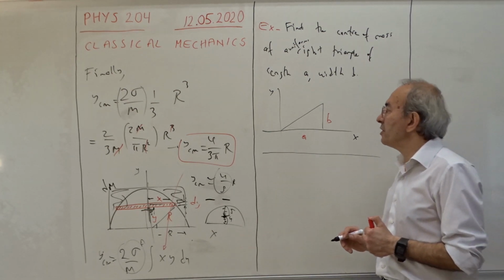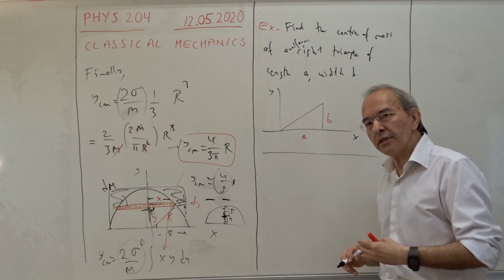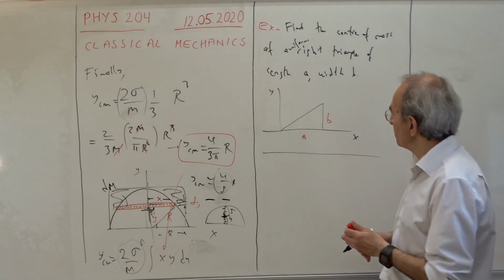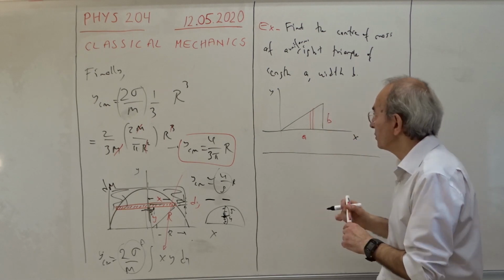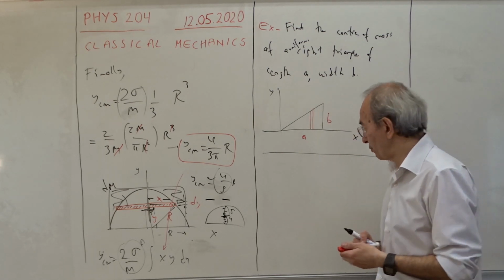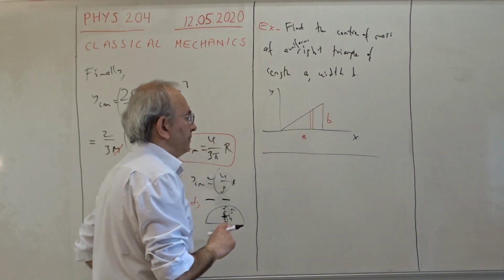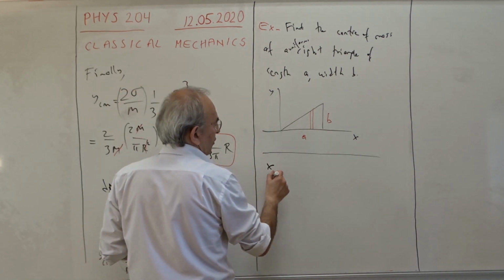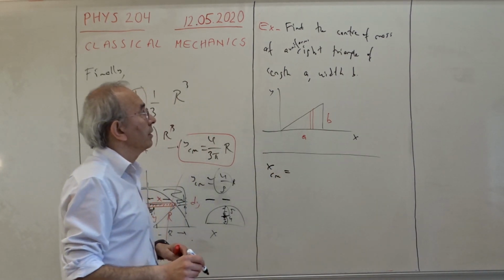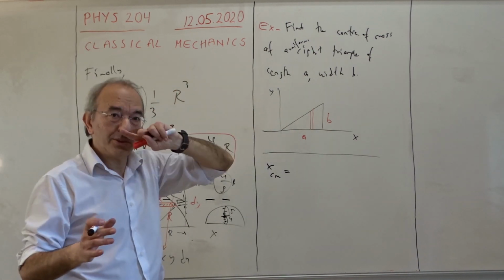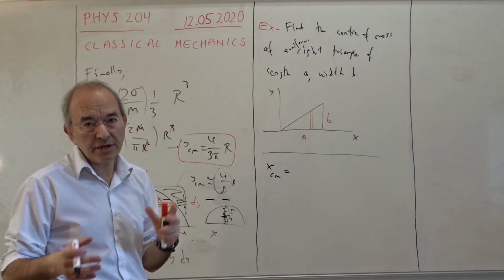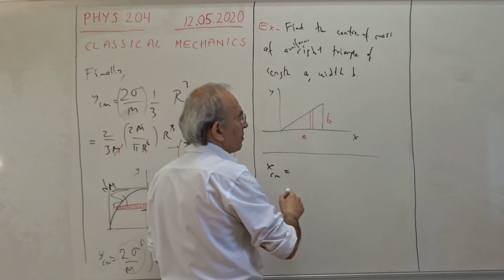And it is again very easy because we have to divide it into vertical, this time vertical strips. So let's divide these into vertical strips first to find x center of mass. Let us first find the x center of mass. Since it is uniform, the surface mass density is everywhere the same. So let the mass be m.